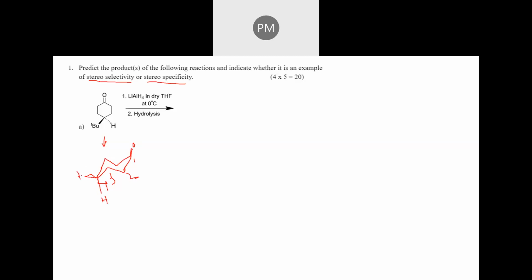And this one is the tert-butyl group. It will be like this.